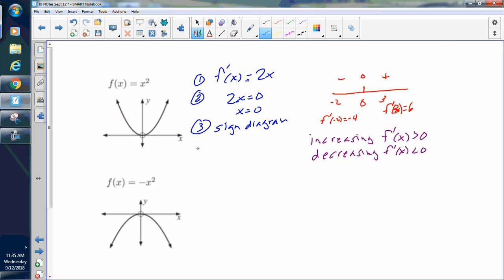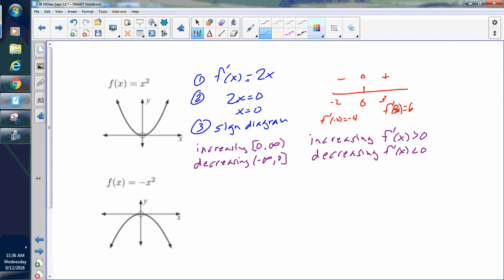So for this particular function, we're increasing from 0 to infinity, and we're decreasing from negative infinity to 0.